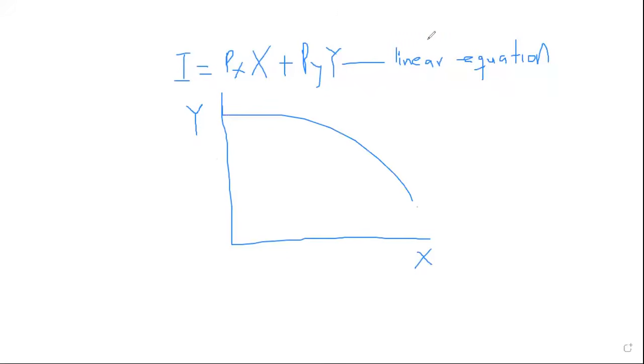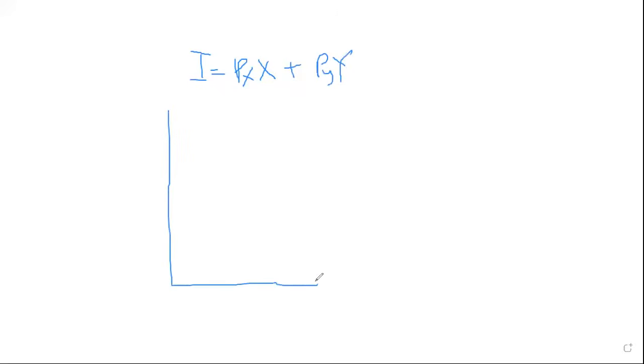Since it's a linear equation, we need only 2 points: 1 point on the Y axis and another point on the X axis.